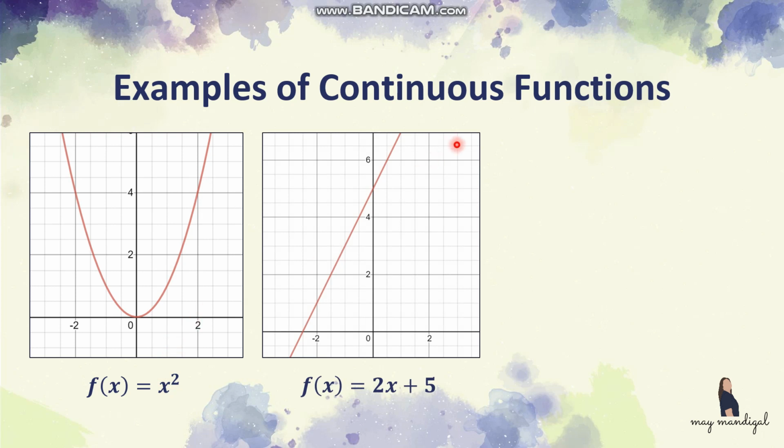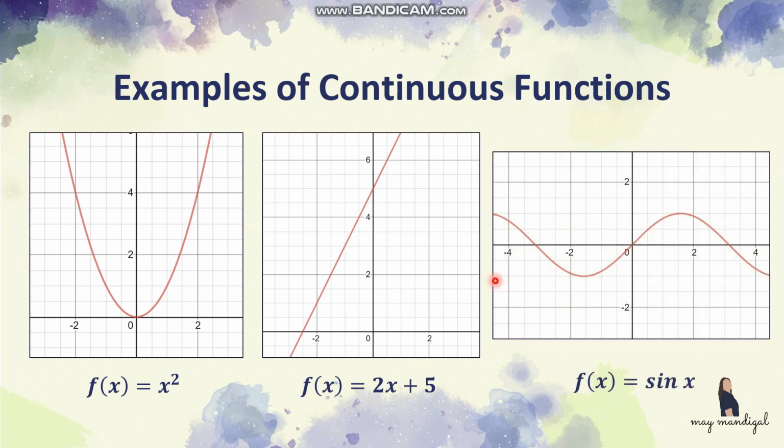Another example, let's say we have f of x equals 2x plus 5. Again, you can trace it without lifting your pen. And again, there are no holes or breaks or gaps in our graph because this function is defined for all real numbers, meaning any value of x will give us a corresponding value of y.